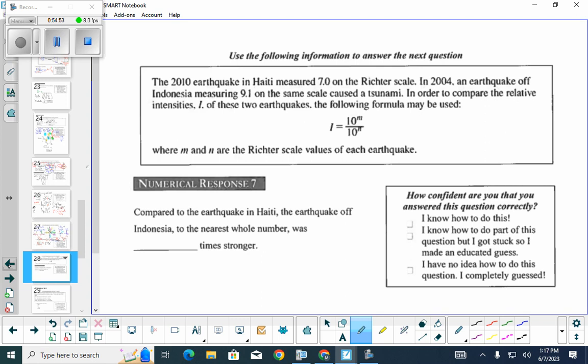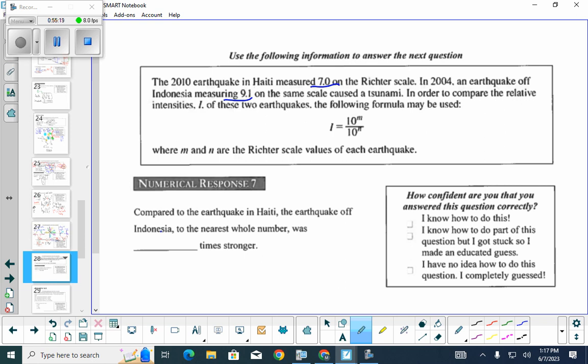Okay? Compared to the earthquake in Haiti, the earthquake off Indonesia to the nearest whole number was blank times stronger. Okay, so do you understand that Indonesia is going to be stronger than Haiti? Because Indonesia has a higher number than Haiti. So in order to get out a number, think about it like this.